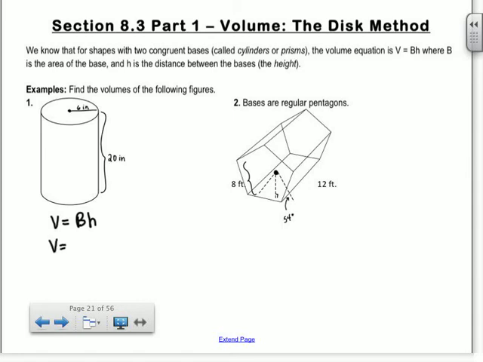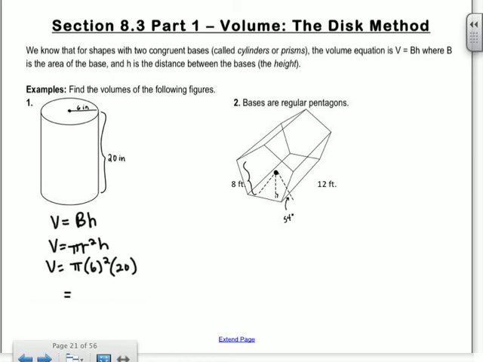All right, the bases are always the two parallel sides. So the two parallel sides are circles. So it's going to be pi r squared h. So it's pi times 6 squared times 20. So 36 pi times 20.